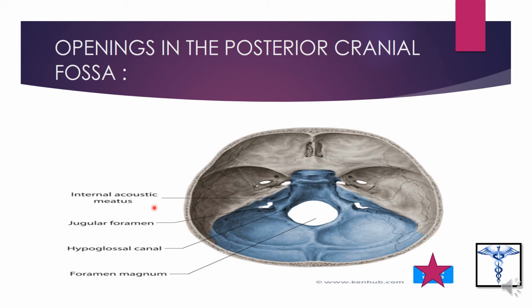Here, the internal acoustic meatus. The internal acoustic meatus pierces the posterior surface. As you can see, this is the posterior surface of the petrous part of the temporal bone, and it transmits the vestibulocochlear nerve and the motor and sensory roots of the facial nerve, right?